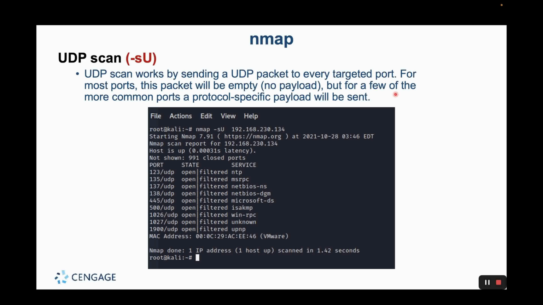But for a few of the more common ports, a protocol-specific payload will be sent. And here you can see nmap -sU and the IP address, not showing the closed port, and the open port showing open|filtered, and the service information.